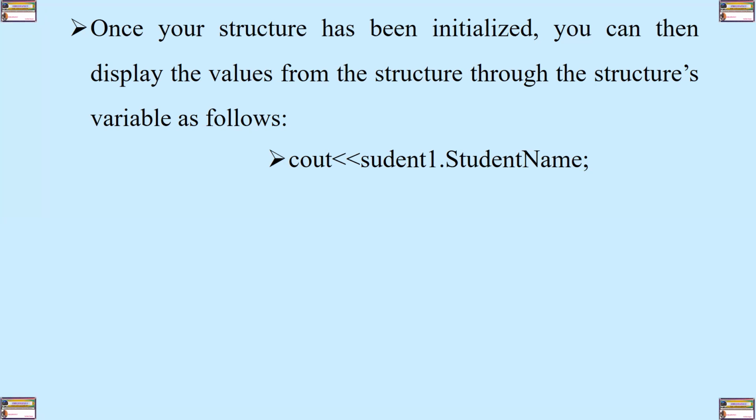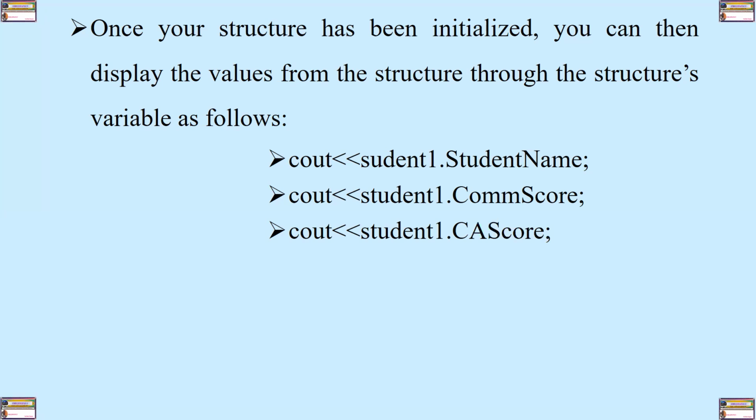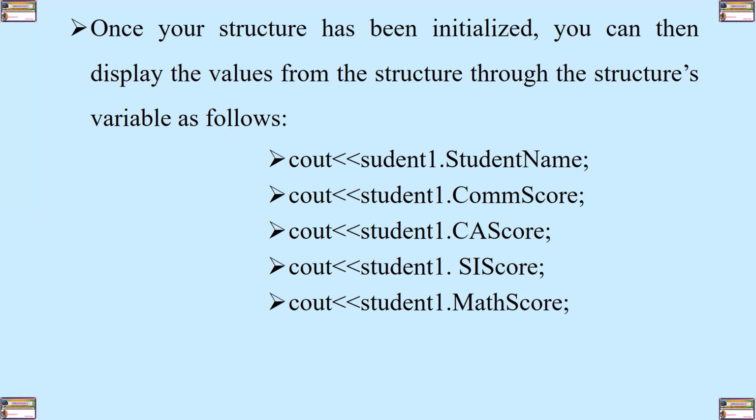Then the next statement says, write out the content of the member called comscore, which is accessible through the variable student1, on the screen. The next is the same: cout student1.sis score, then math score, and then OOP score. So that's how you write out.